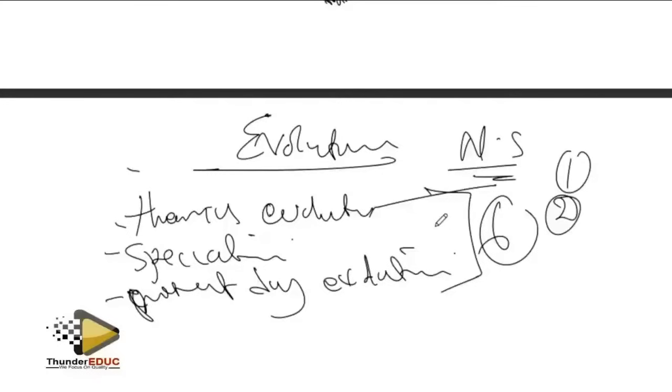This is called natural selection. Those with big trunks pass their genes to the next generation. After many generations, all elephants had big trunks.